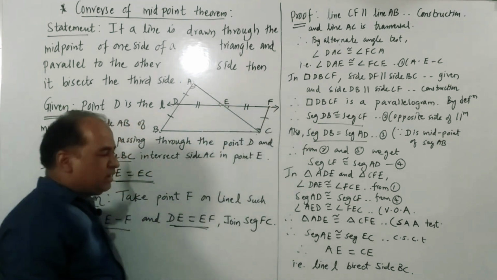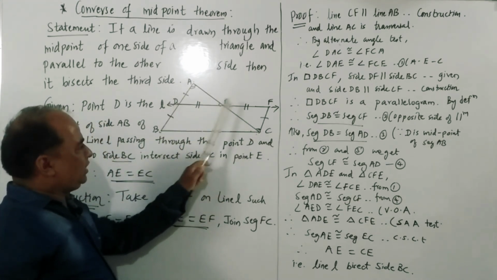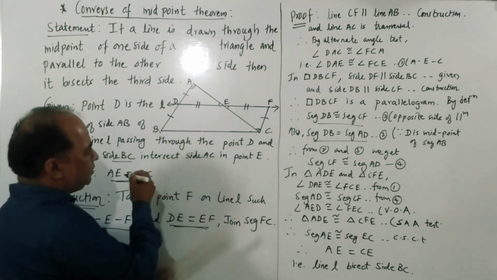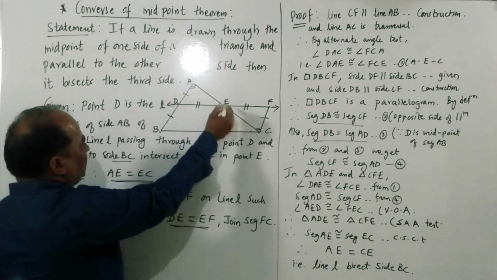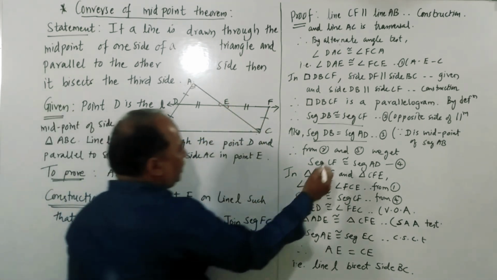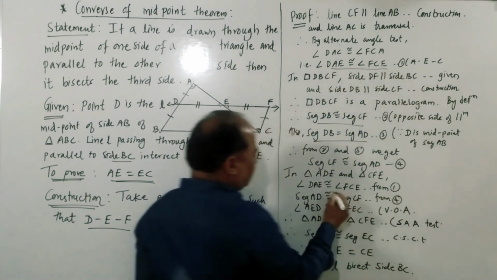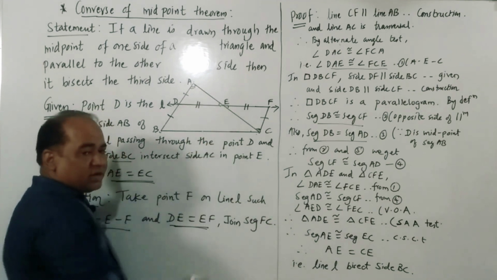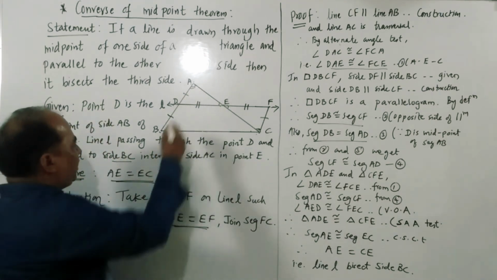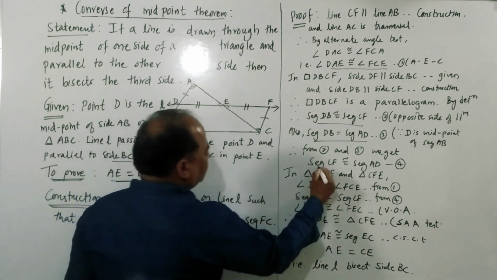Now, in triangle ADE and triangle CEF, angle DAE is congruent to angle FCE, from statement 1, since these are alternate angles. Then segment AD is congruent to segment FC, from statement number 4.